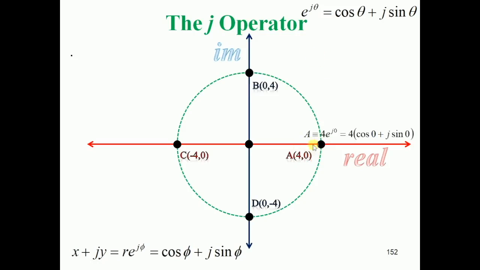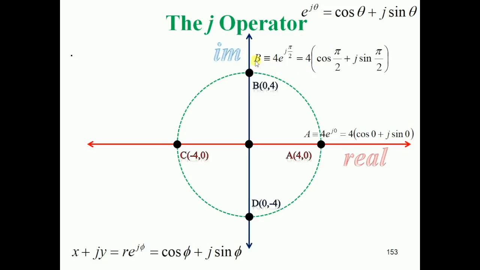So A can be represented by 4, that is r, into e to the power j phi. r is called the modulus, and this 0 appearing with j is the argument. 4 cos of 0 plus j times sine of 0. Cos of 0 is 1, sine of 0 is 0. So here we have this number 4 represented using this polar representation.